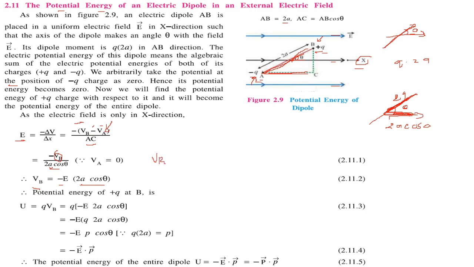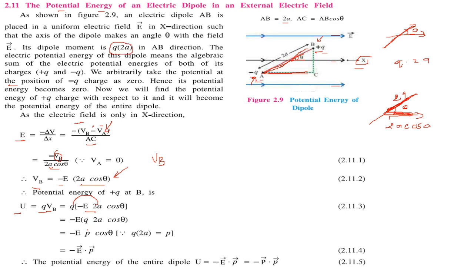Now how to find the U, that is the potential energy? This can be found out by just multiplying this charge Q with VB. Potential energy is Q into the potential. Potential energy will become Q into VB. VB was just found to be minus E 2A cos theta, put it here. And this Q, bring Q and 2A together, and this Q and 2A is nothing but the dipole moment.